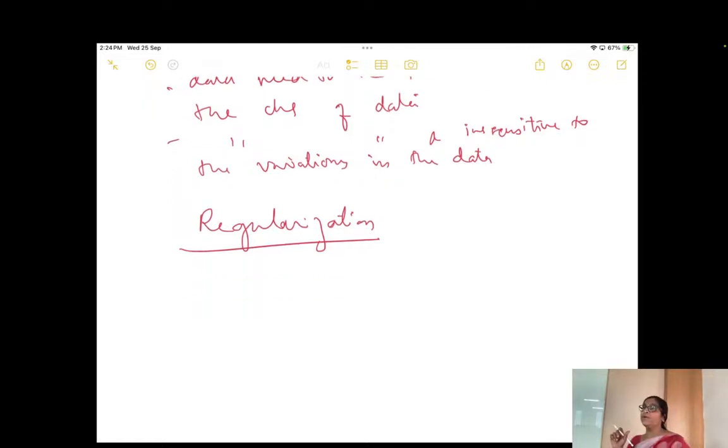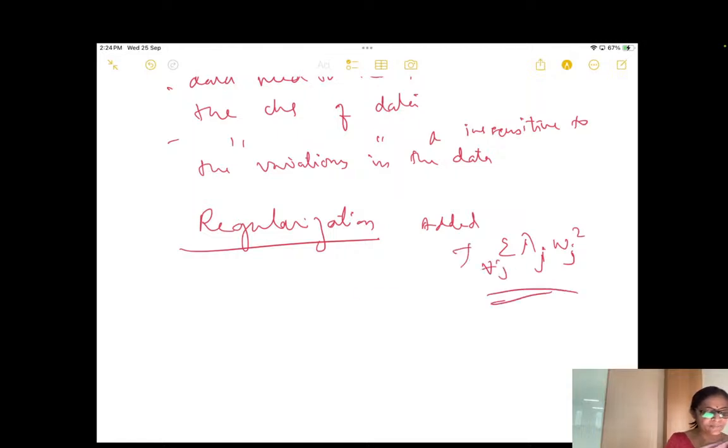Typically when we do regularization in the supervised way, what have we done? We have added a term. The typical term we have added is summation lambda j of w_j for all j, isn't it? This term we have added to the previous term. Yes or no? What are we doing there?